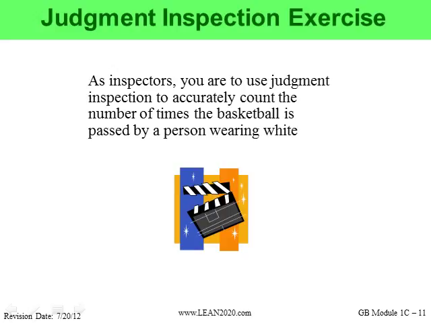What you're not going to count is if somebody drops the ball to the ground and then catches it themselves. We consider that a dribble. I think you'll see an instance or two of somebody dribbling the ball or at least bouncing it and catching it themselves. That's not a pass. So I want you to count again the amount of passes the white shirted team passes to the white shirted team. Do that twice and stop this video now and then come back and we'll talk about that at the end of this presentation.